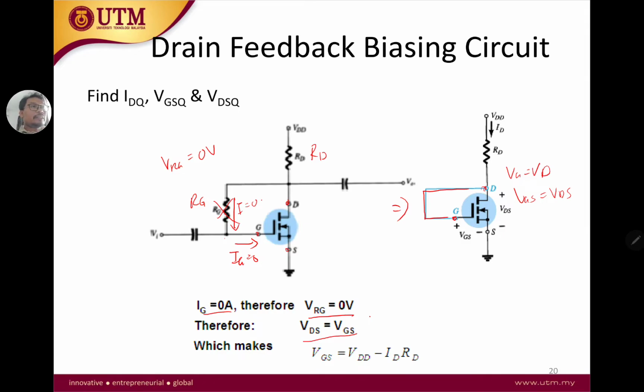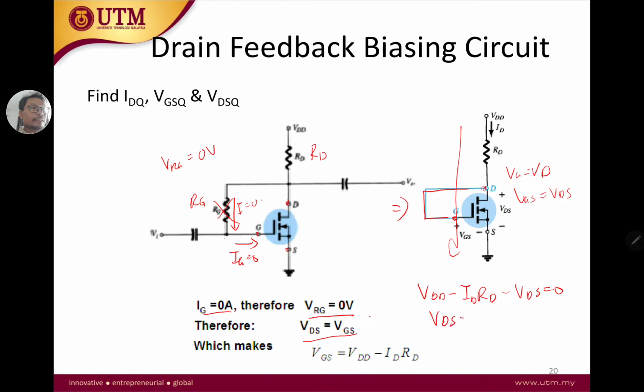Now, if this is the condition, therefore we can actually calculate what is our VDS. So if you do the KVL loop, all the way down, we have VDD minus IDRD minus VDS equals 0.